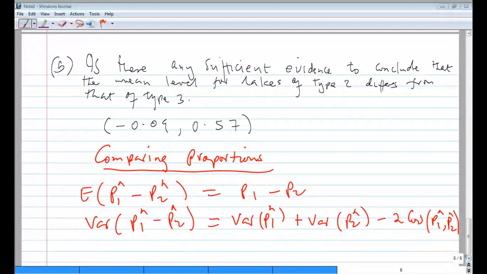And you know that if they are independent, the var of P1 hat minus P2 hat is equal to var of P1 hat plus var of P2 hat.